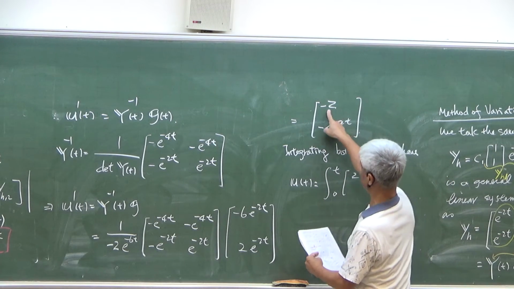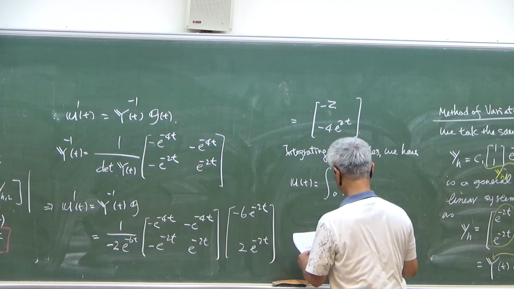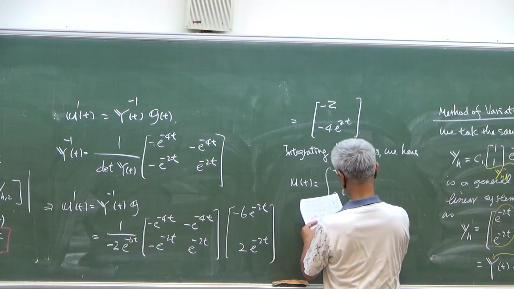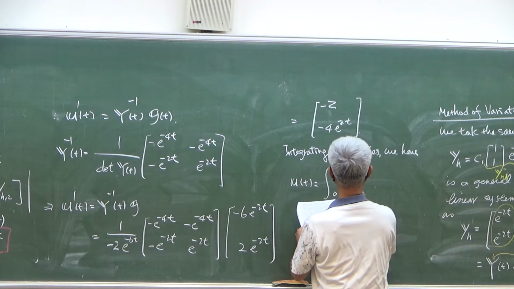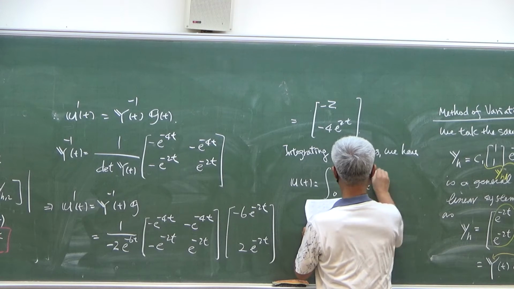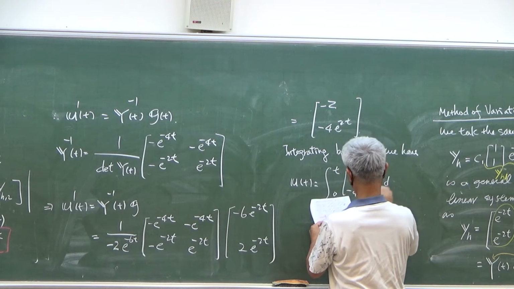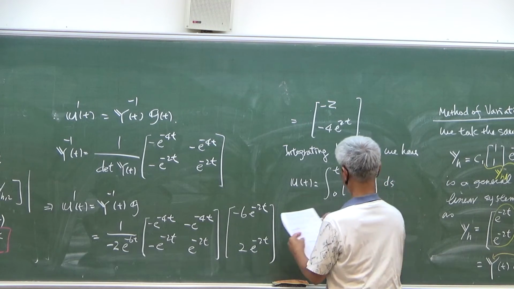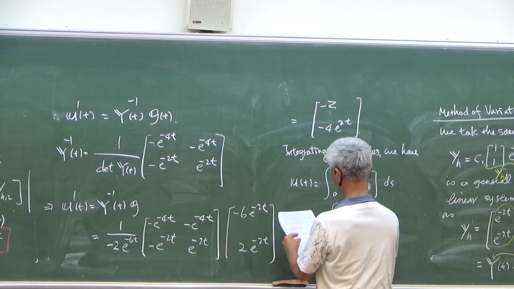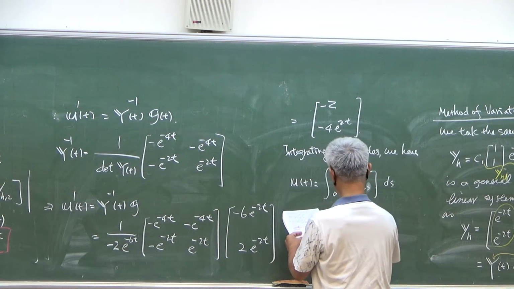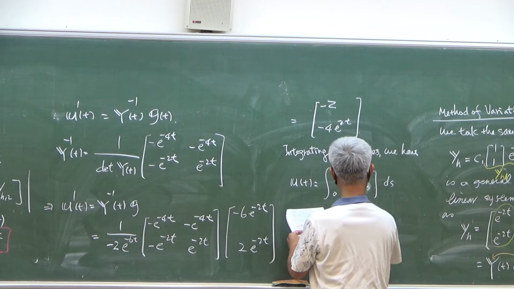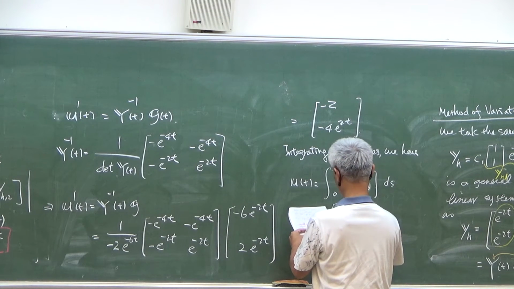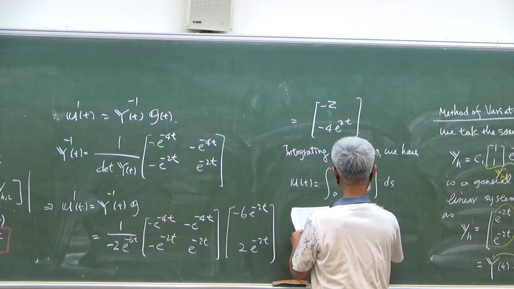Yeah, so it's minus 2, I'm sorry. This is a minus 2. Okay, so it's minus 2. And so this is equal to minus 2t minus 2, minus 2 e to the t. Okay.